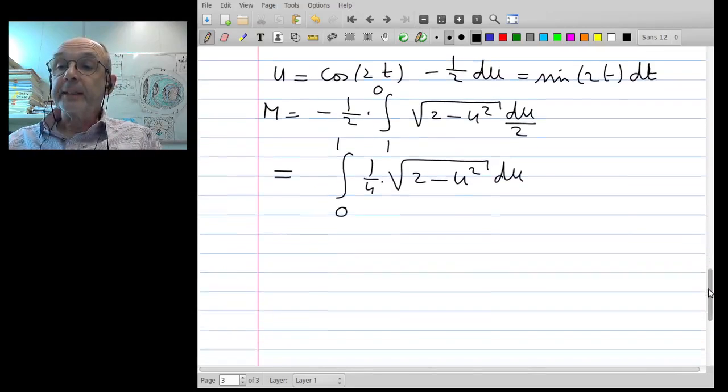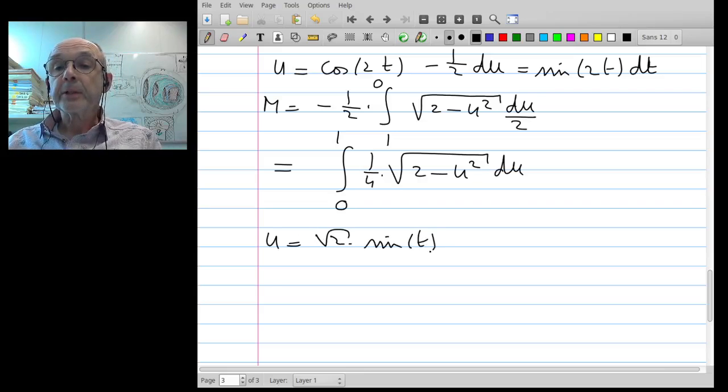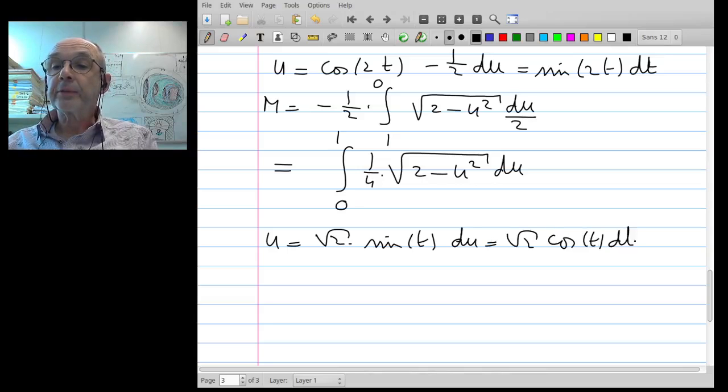What then? Now we can take another variable and let u then be equal to the square root of 2 times the sine of t. Then the du becomes the square root of 2 times the cosine of t dt.